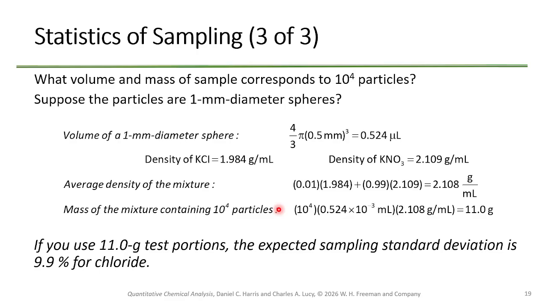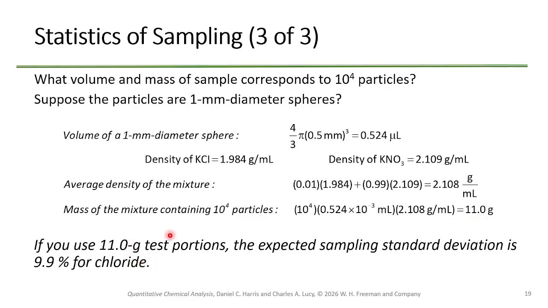The mass of the mixture containing 10 to the fourth particles is going to be 10 to the fourth times the volume right there. We put it in milliliters in this case because our densities are in milliliters. And then we multiply that by our average density. Notice the average density is where the 99 to 1% ratio is implied. Okay? And so that is going to give us 11 grams.